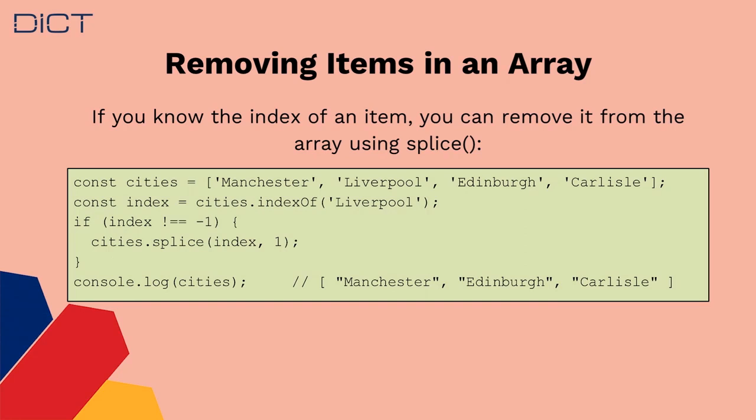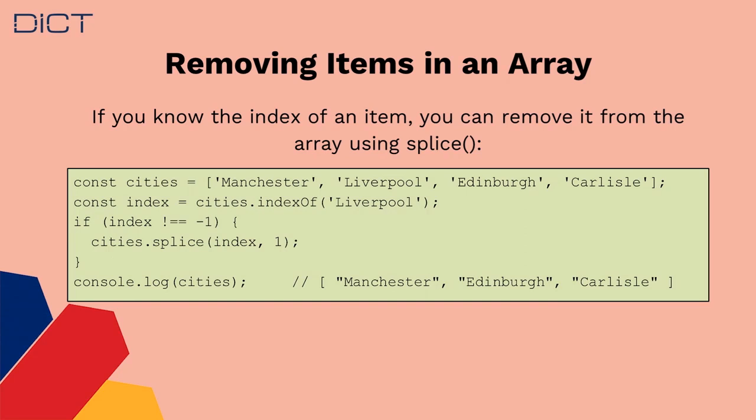So definitely the returned array now is Manchester, Edinburgh, and Carlisle. Okay? That's how you use the splice method. The first argument says where to start removing items, and the second argument says how many items should be removed. So you can remove more than one item.